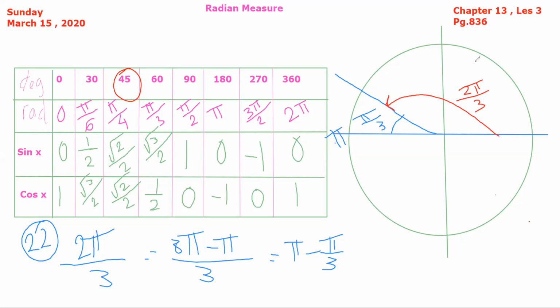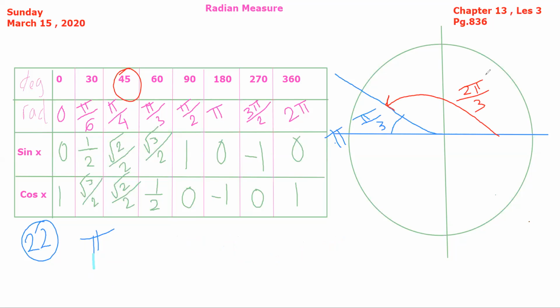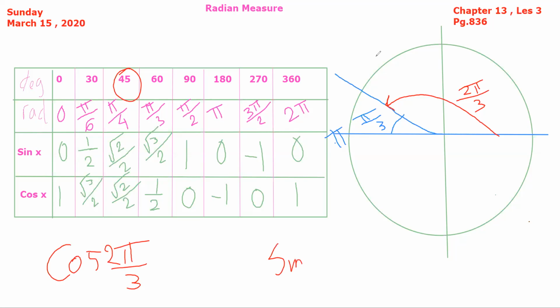So because of that, if I need to find now the cosine and sine of 2 pi over 3, I will use the cosine and sine of pi over 3. This is the same as the cosine and sine of pi over 3.